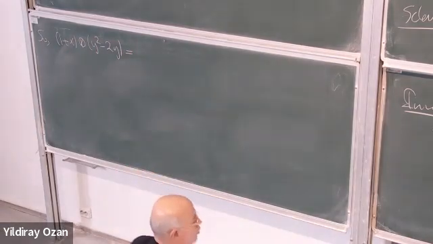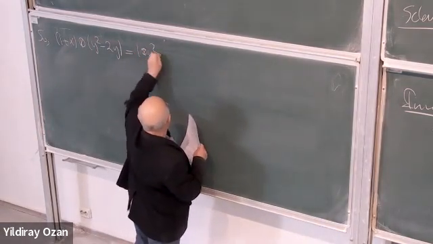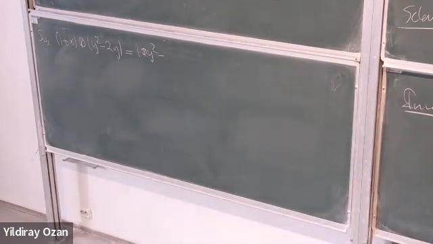So 1 tensor y squared, and then, since this is just minus 1 times 2, I can take this minus 1 outside, right?